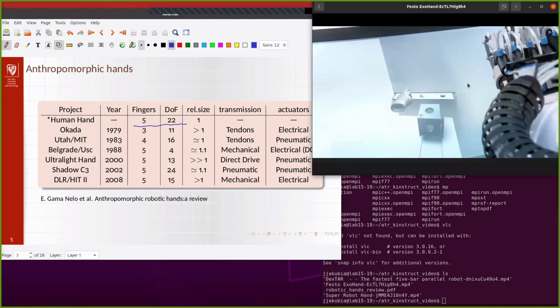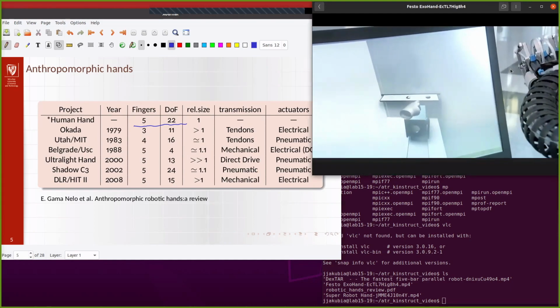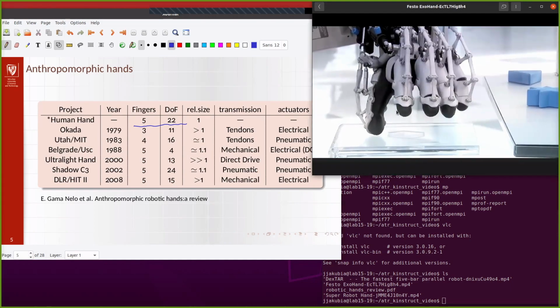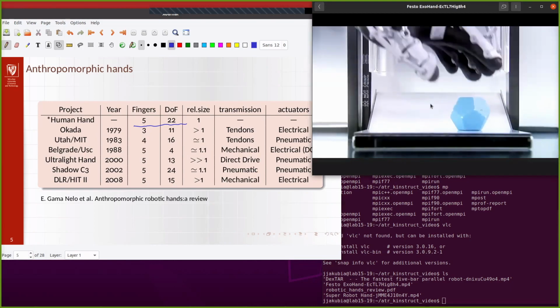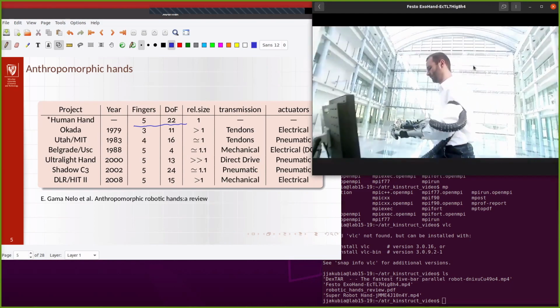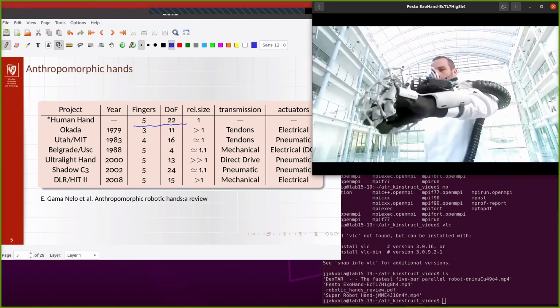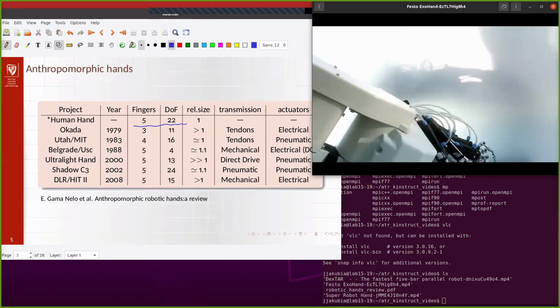In fact, when you look at it, you may notice that a part of the finger grips has some mechanisms that are outside of the hand, above the hand, and those are parallel mechanisms, and we will be talking about them in the second part of today's lecture.